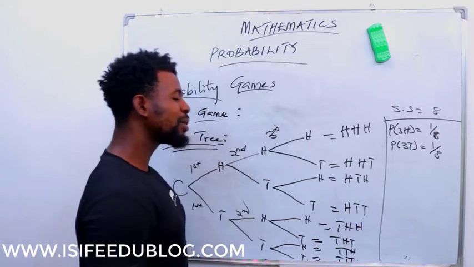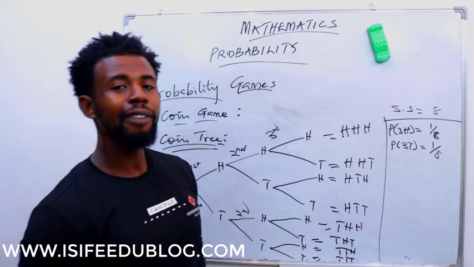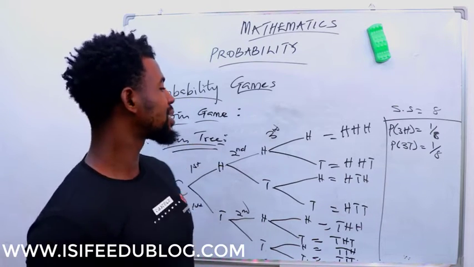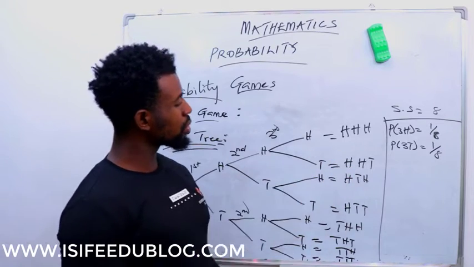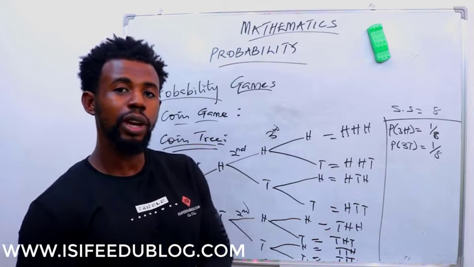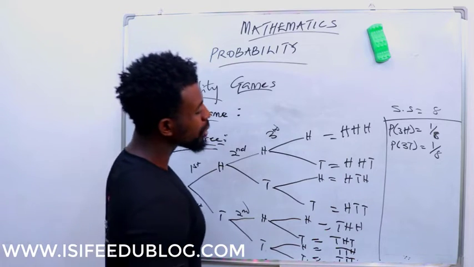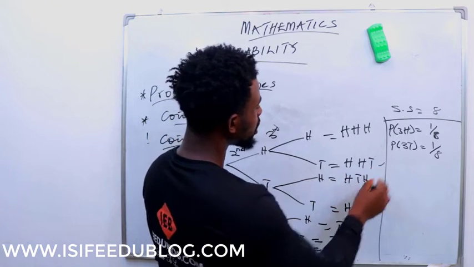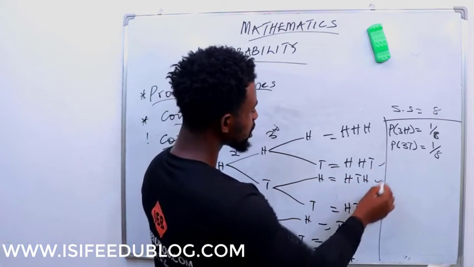You can also be asked to find the probability of having 2 heads and 1 tail. So you just go to your sample space and look out for where you have 2 heads and 1 tail. Now where do we have 2 heads and 1 tail? Here we have 2 heads, 1 tail. This is 1. Here, this is 2.